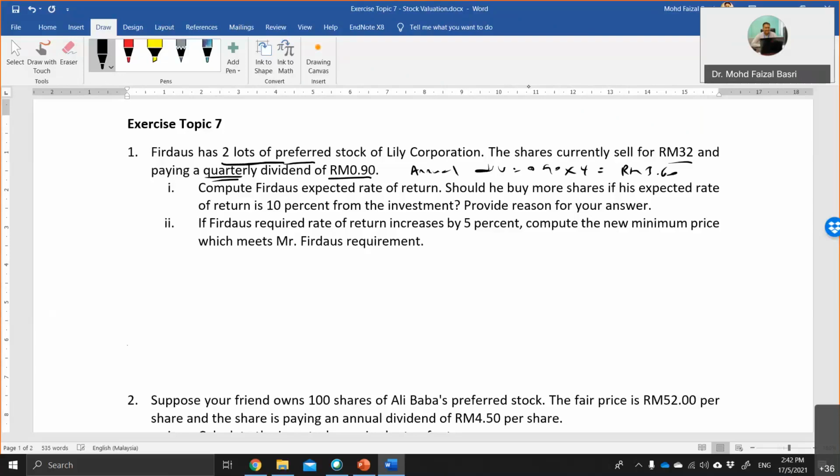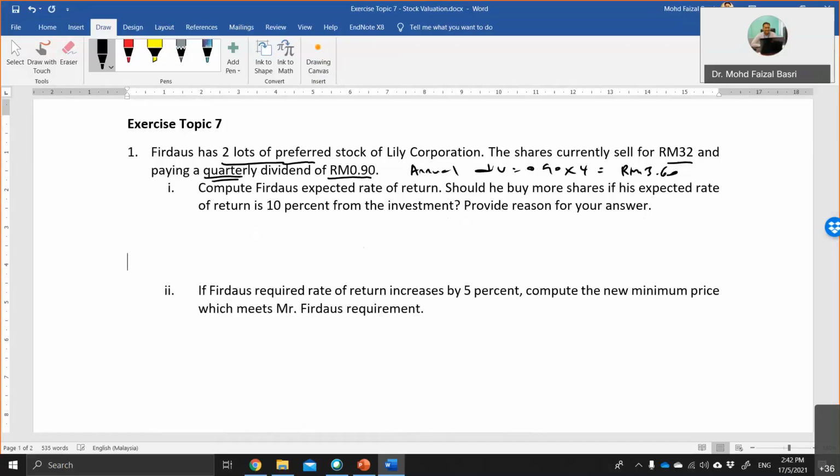So 1-1, okay, compute the expected rate of return. And should he buy more shares if his expected rate of return is 10%? Okay, provide your reasons. So therefore, and if I move this down, the first question asks about the expected rate of return. So this is K. The question asks about the K. So we know the dividend is 360.